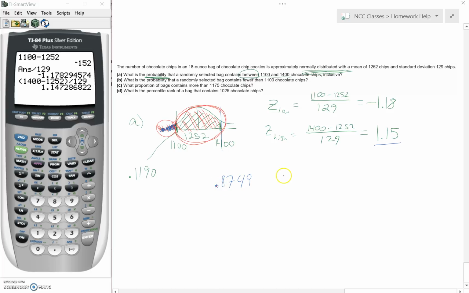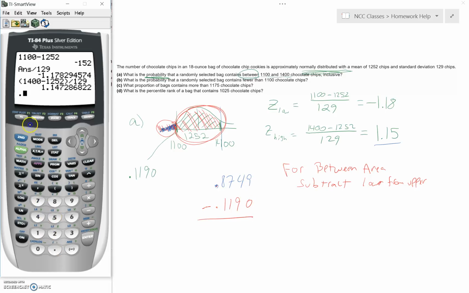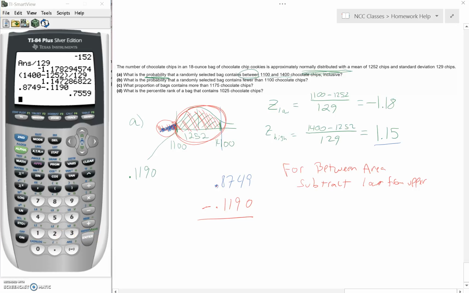So for the between area, we subtract the lower from the upper, giving 0.8749 minus 0.1190, a between area of 0.7559. Now that's with finding z-scores.